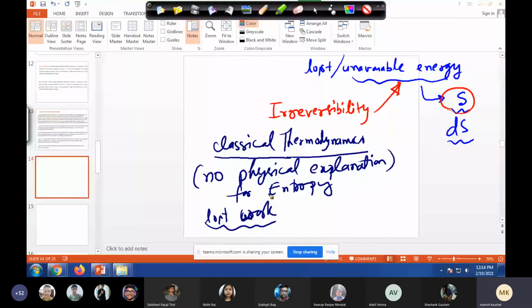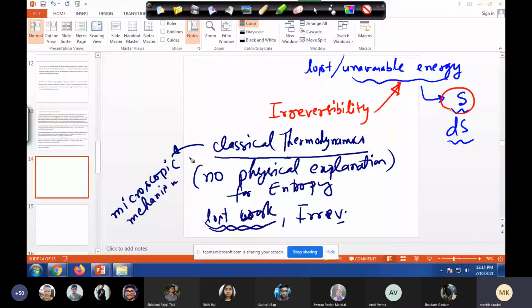So classical thermodynamics has chosen the definition of entropy in such a wise manner that it explains lost work, it explains irreversibility. Okay, but there is no physical explanation, or more precisely, no microscopic explanation. What is the microscopic mechanism? What is happening in the system? Classical thermodynamics can't explain this.